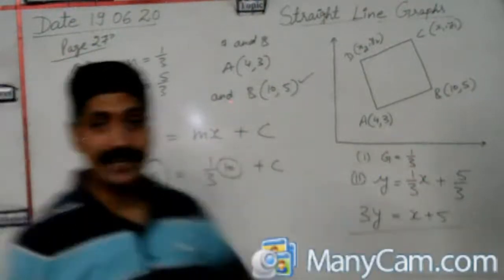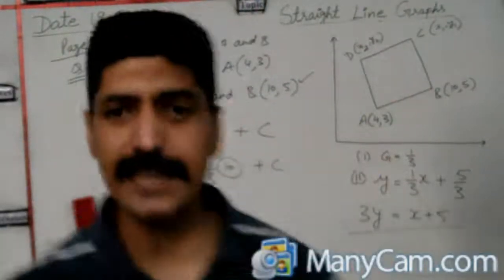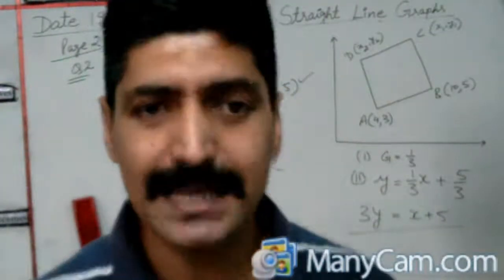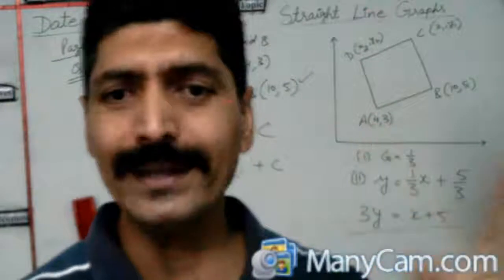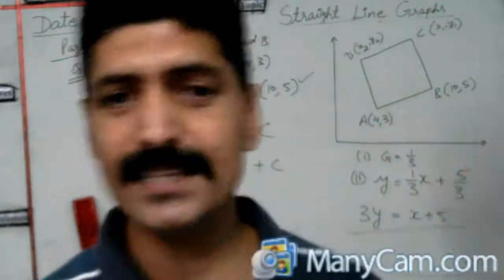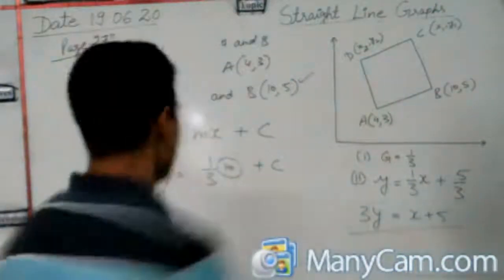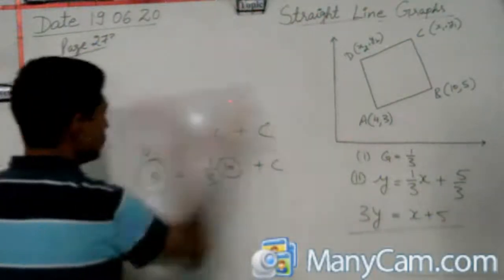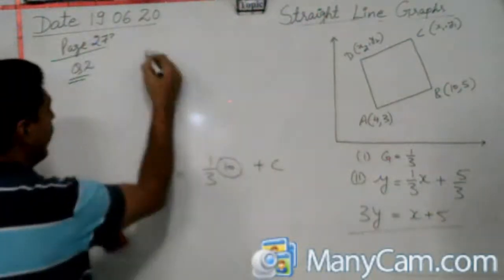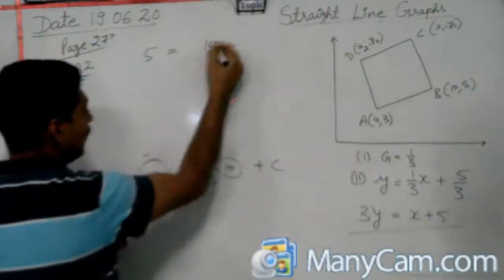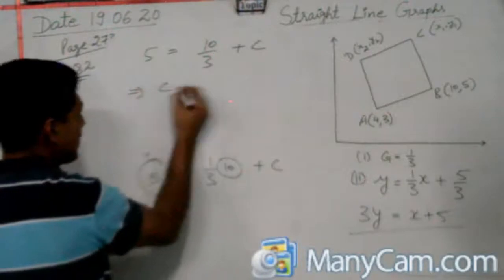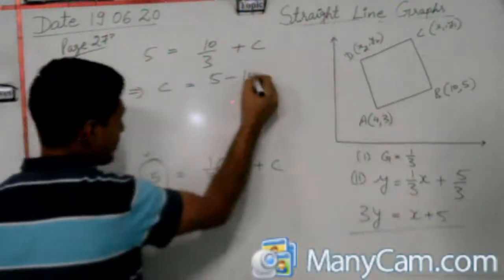The value of c, or we can say the y-intercept, remains the same, because we are talking about one line, the line passing through the points A and B. So let's calculate: y equals 10/3 plus c, or c is equal to 5 minus 10 upon 3.